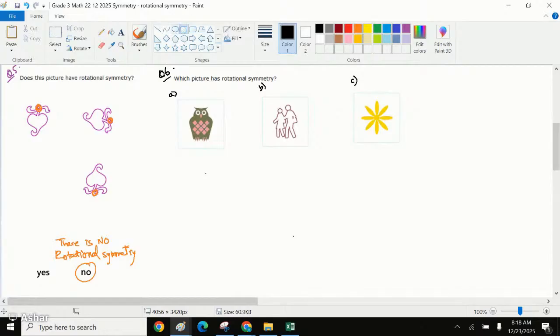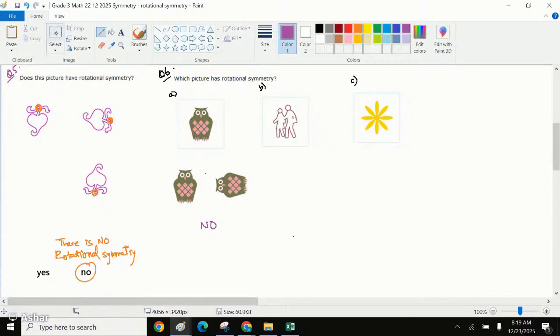If we consider the owl in the first picture, and if we copy the owl and try to rotate it, this was the original. If we try to move the owl towards this direction, does it look exactly the same? No, it does not. That means this picture does not have a rotational symmetry.